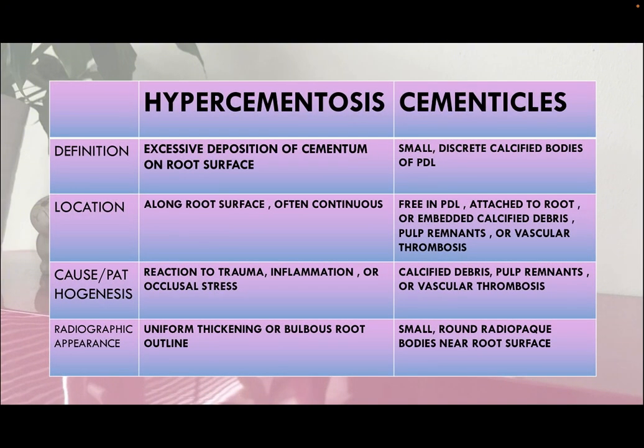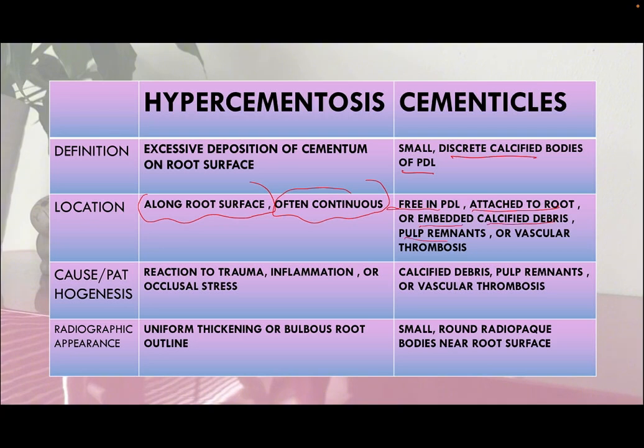Now let's compare hypercementosis with cementicles. Hypercementosis is excessive deposition of cementum on the root surface, whereas cementicles are small discrete calcified bodies in the periodontal ligament. Hypercementosis is along the root surface and often continuous, whereas cementicles are free in the periodontal ligament, attached to the root or embedded.